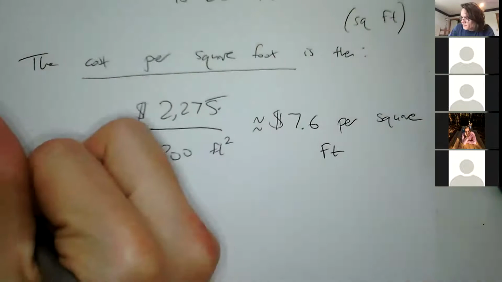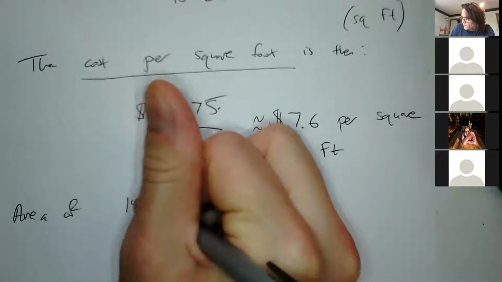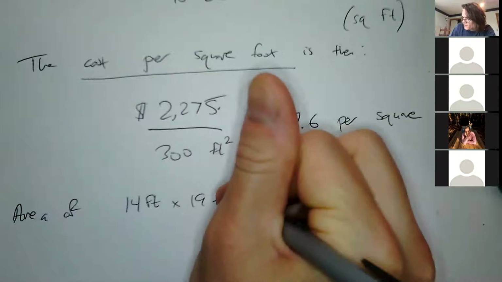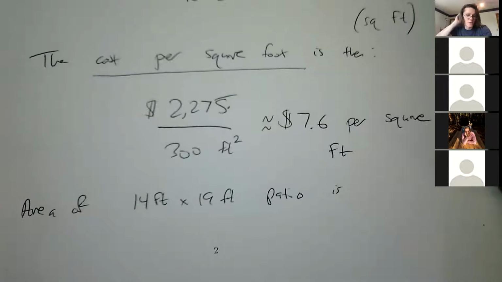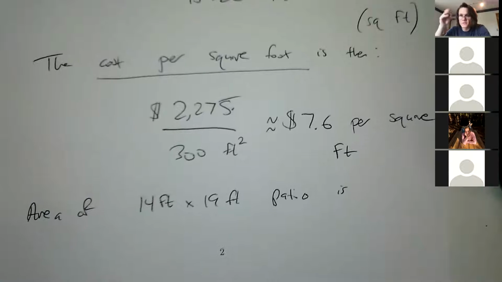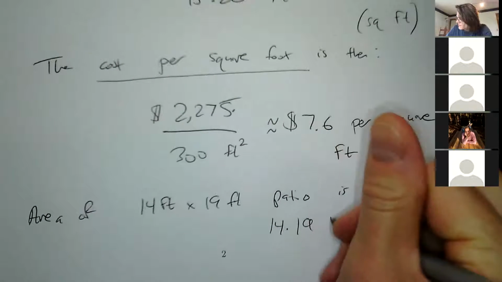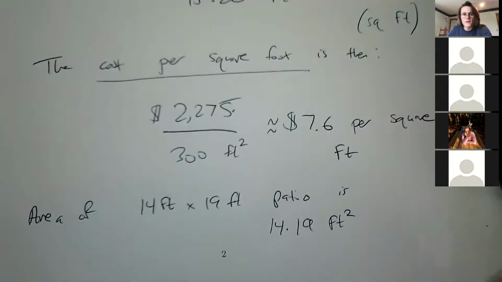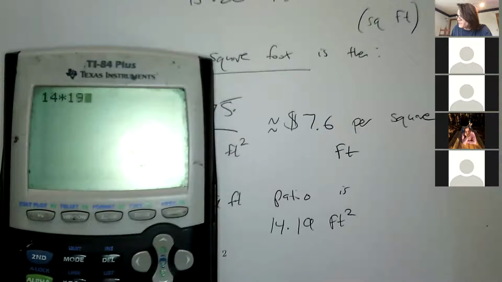So the area of 14 foot by 19 foot patio is, and just like before, you just multiply the dimensions together because it's assumed to be rectangular. If it wasn't, it'd be weird. So it's 14 times 19 feet squared. And that ends up being 266.